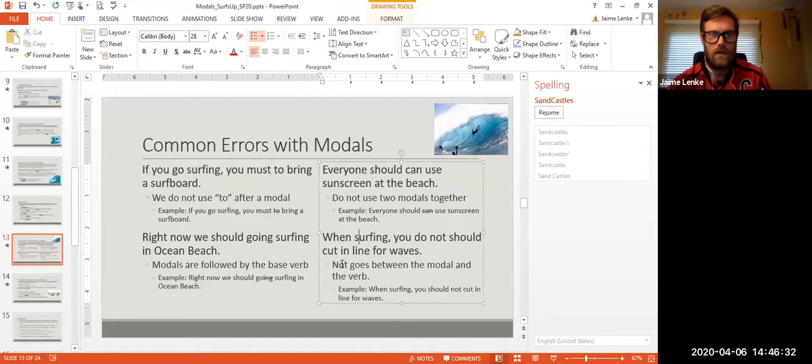So here it says, when surfing, you should cut in line for the waves. "Not" is in the wrong place here. It should go, when surfing, you should not cut in line for waves, right? You must not go outside right now, right? You don't have to watch TV all day, right? But you should get exercise.